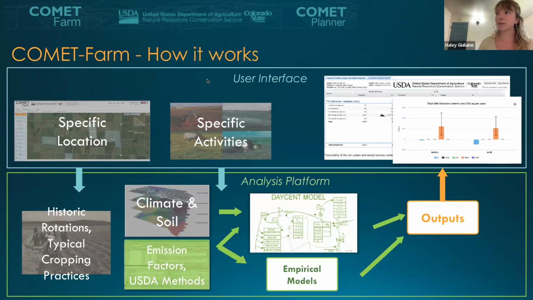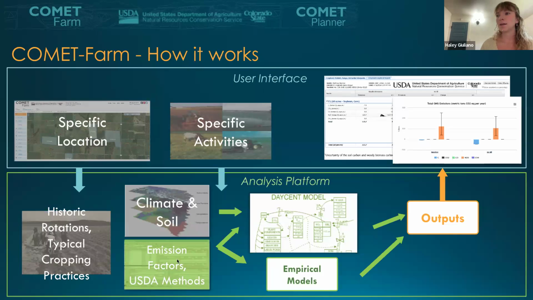So with the COMET Farm interface, you'll just have your specific location, which is your field or a collection of fields, which is going to drive the historic cropping rotations and historic practices that we built up in the back end. And then that is also going to drive your climate data, from the PRISM database, and the soil data, the Surgo soil database.